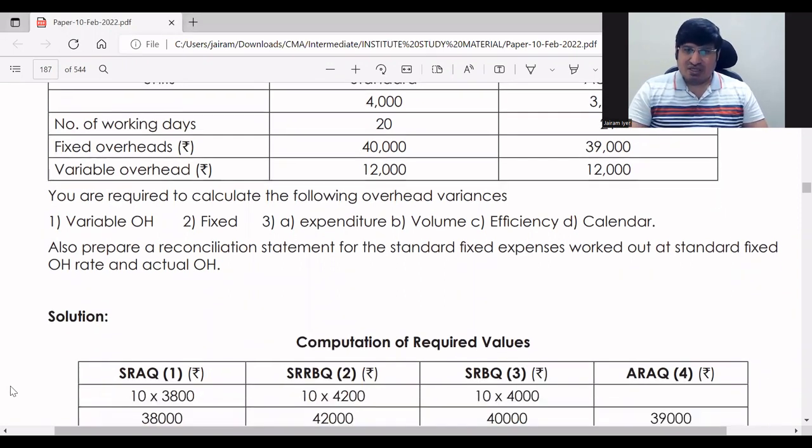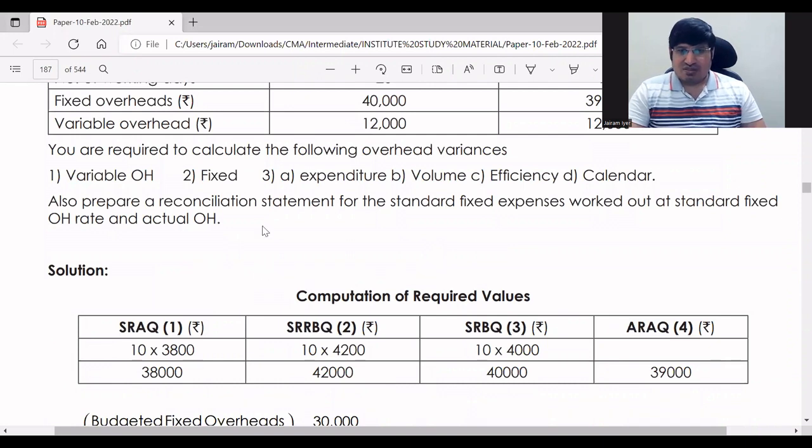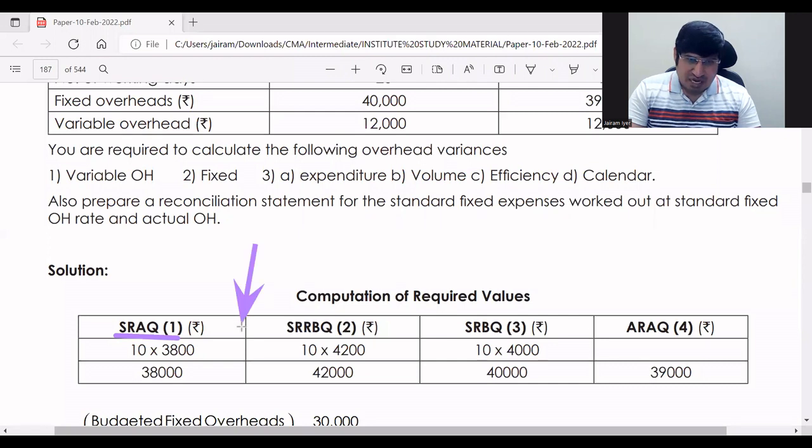One by one we'll see. The first one is here, SRAQ, and the second one they have excluded, that's what I was telling you. You write the second one as it is, because then your numbers will not change, and you will have your 5 numbers. Here again your SRRBQ they are showing as number 2, whereas this will be number 3 normally, correct?